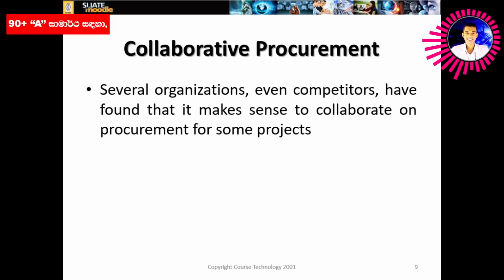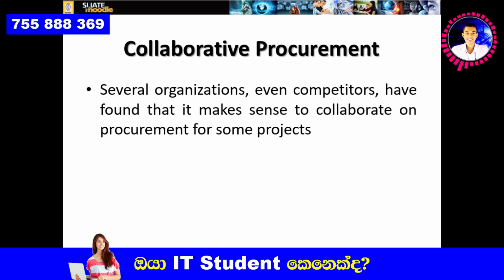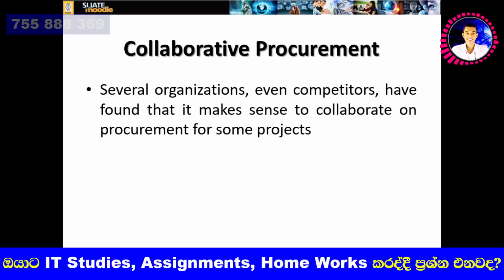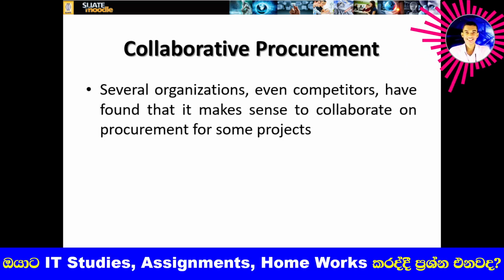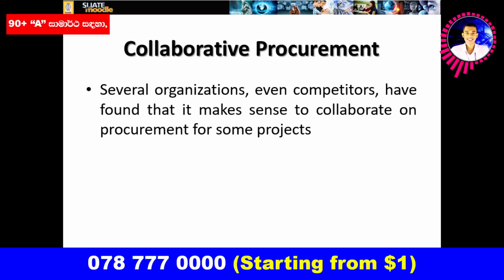Therefore, we can collaborate. We can collaborate between the IT department and the English department regarding the same module, same subject area, and we can hire one business management lecturer. Collaborate here means we are considering the English department and the IT department.